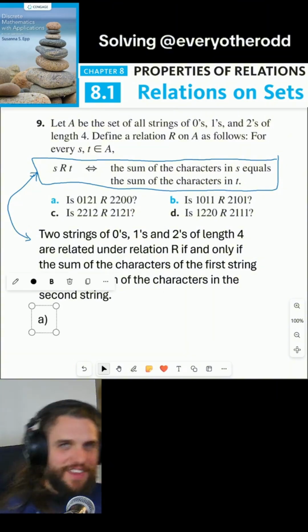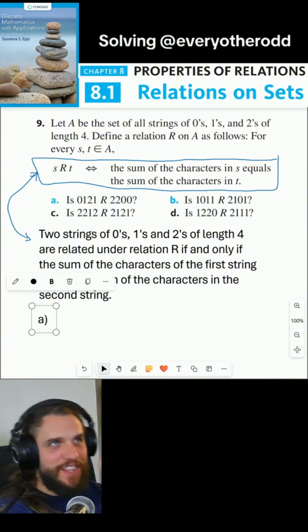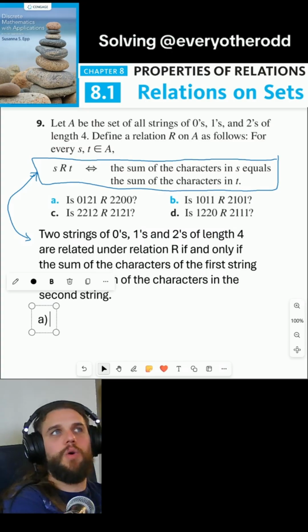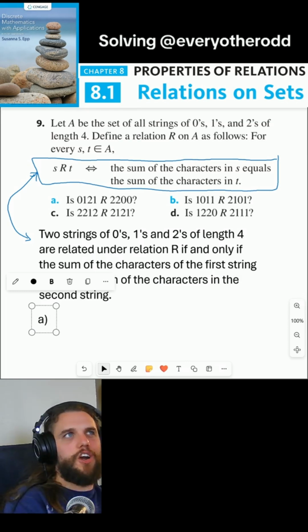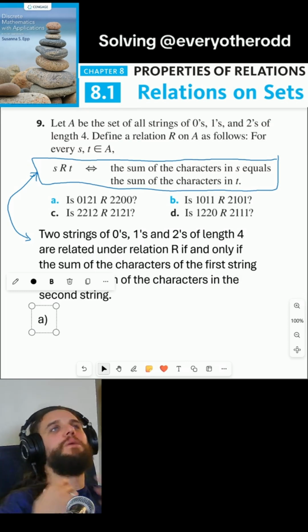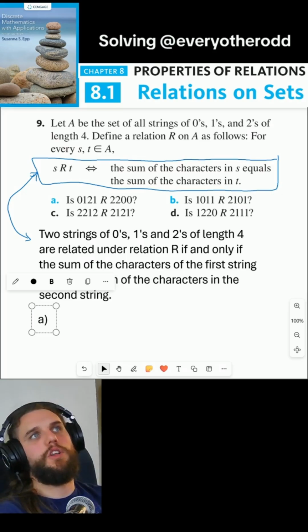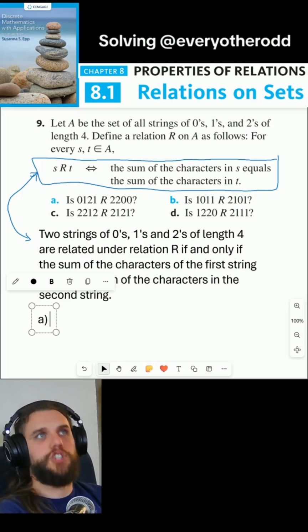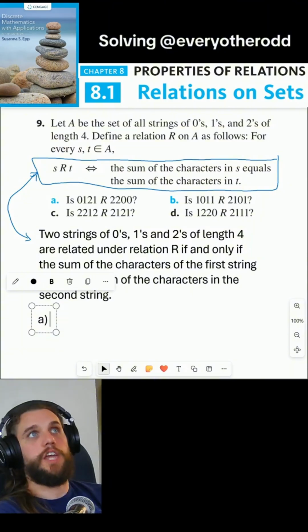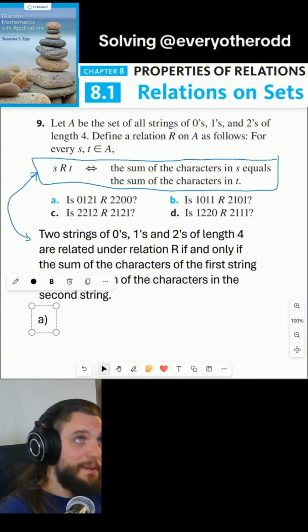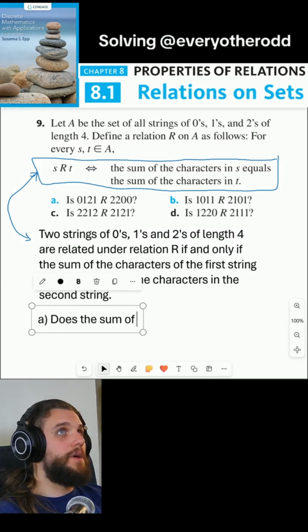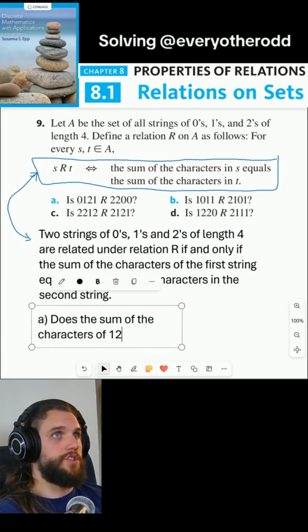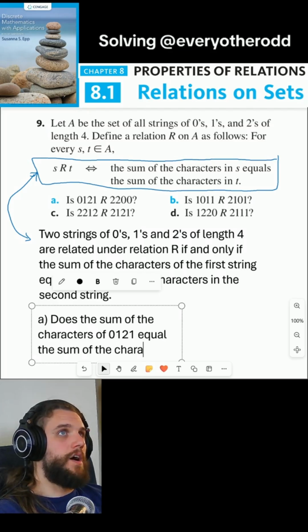Now, keep in mind, the way they say it is different than the way it means. So what you'll read here is, is 0121 R 2200? But what they really mean is, is 0121 related to 2200 under the relation R? And that's the same thing as asking the question, does the sum of characters of 0121 equal the sum of the characters of 2200?